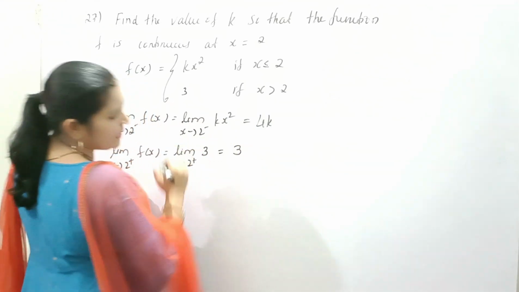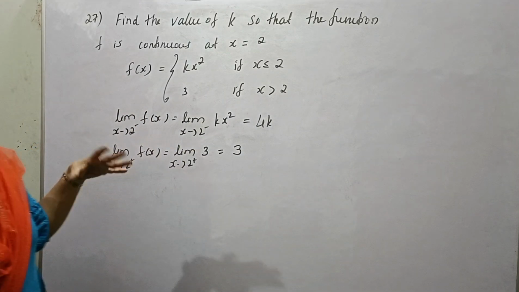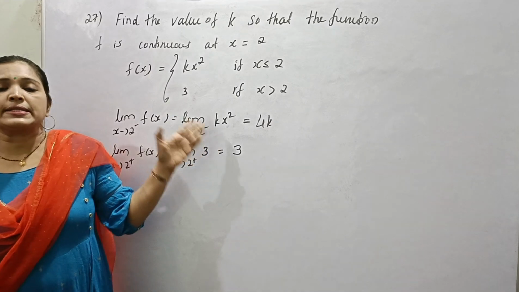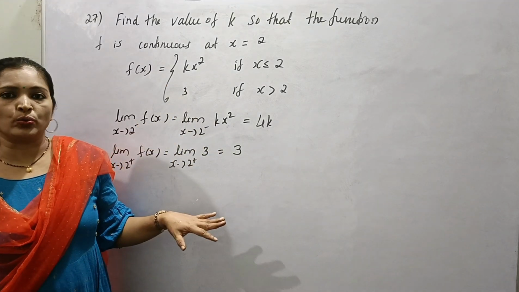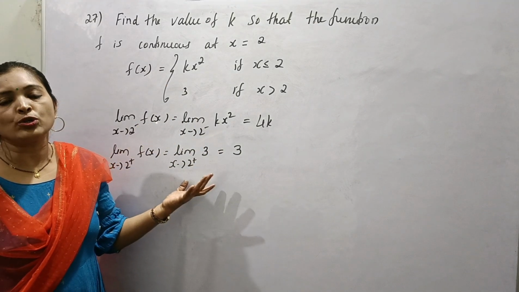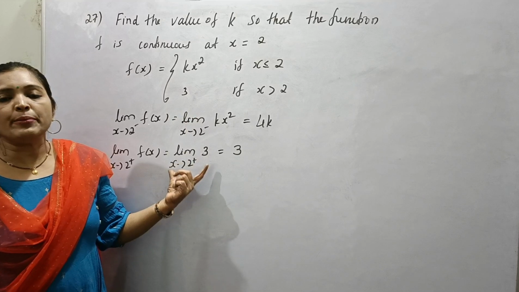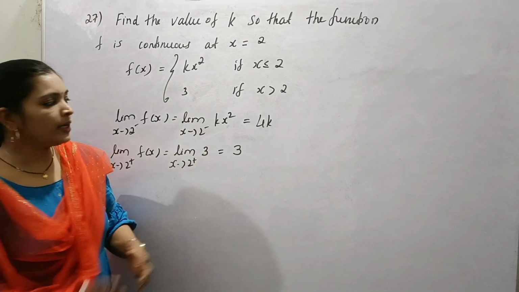So the limit of this 3 is 3 itself. And if this function is continuous at x is equal to 2, this left hand limit and right hand limit are equal, right?